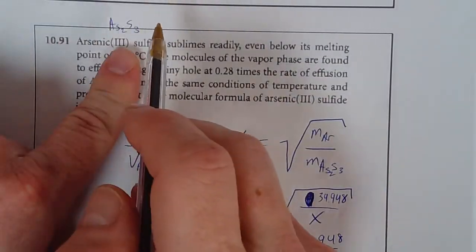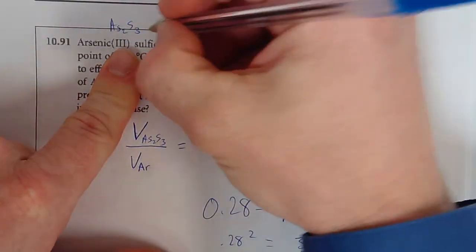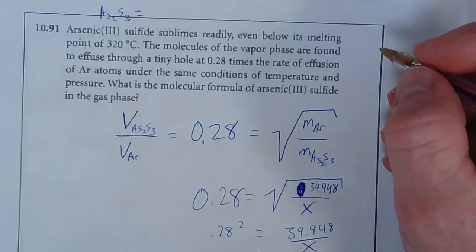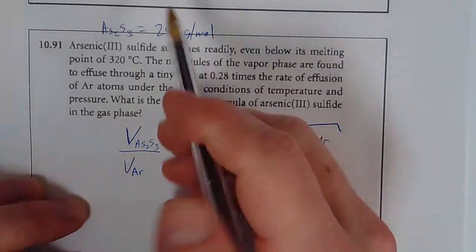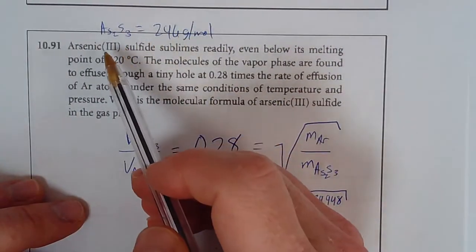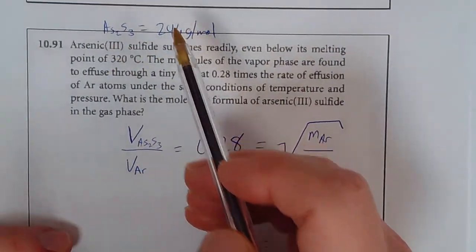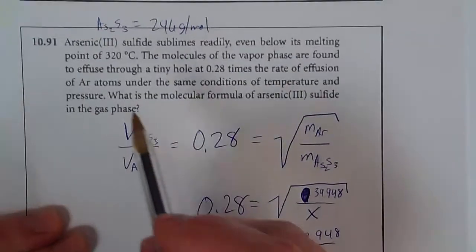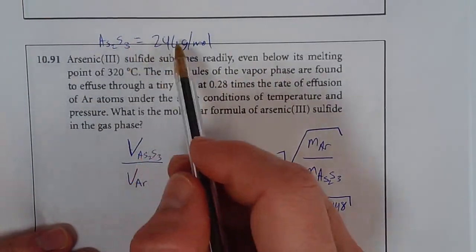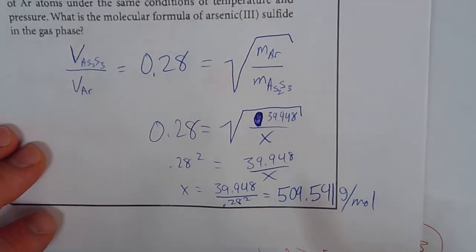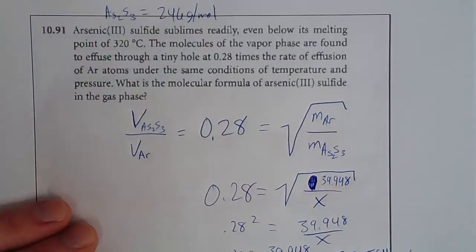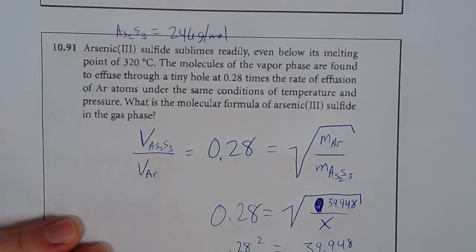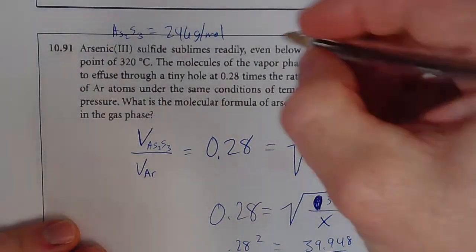What should I do with these? Find that molar mass. Let's do that. I'm going to pause the video. Okay, so As2S3, based on the name, is 246. The molar mass is, so what would you suggest probably is the actual formula of this? What would you have to do to this to get that molar mass? Double it, times it by 2. So it would be As4S6.